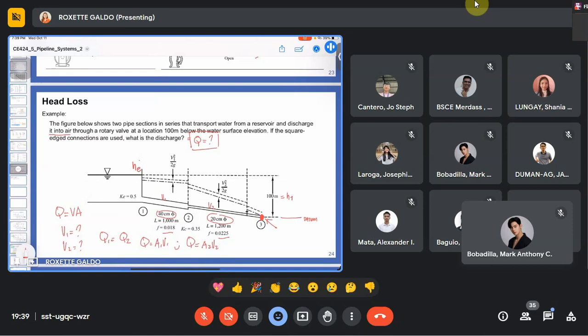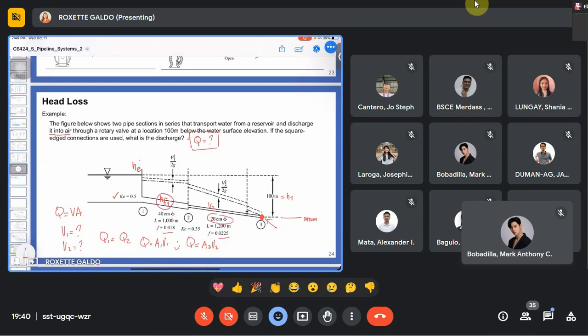Hence, we are given the value for the KE. Then, once the water is in pipe 1, it experiences frictional loss, or head loss due to friction. So we have HF1 here.